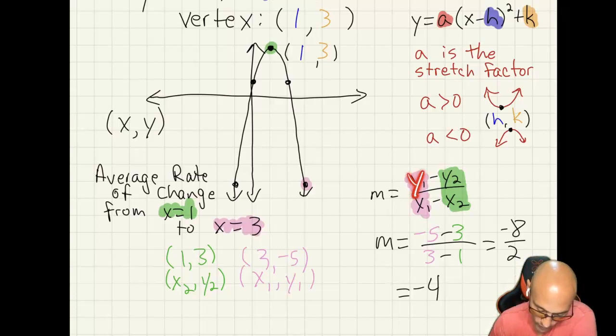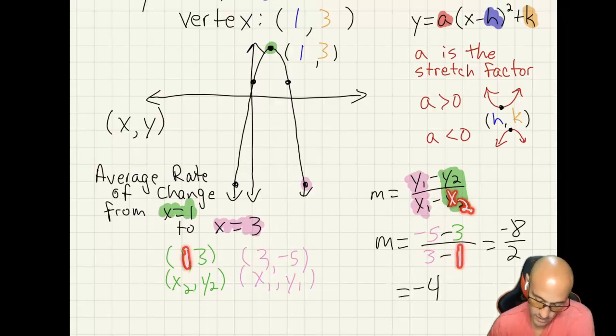So here for y1, I plug in my y1, negative 5, minus my y2, which is 3, divided by my x1, which is 3, and then minus my x2, which is 1.